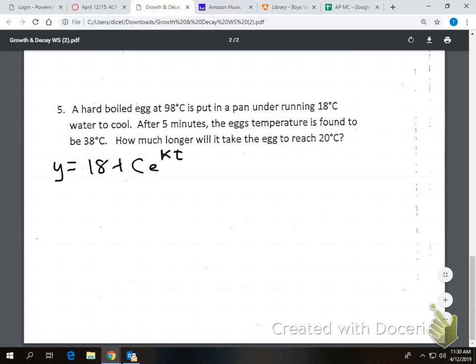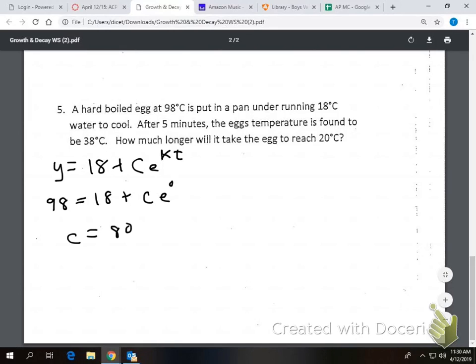And how am I going to do that? We're going to say, what's the egg at time 0? 98 equals 18 plus C e to the, think about it, 0 times k is 0, e to the 0 is 1, C is 80. Y'all comfortable with that?